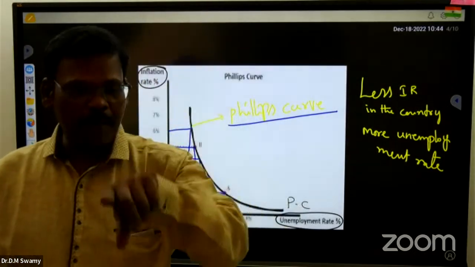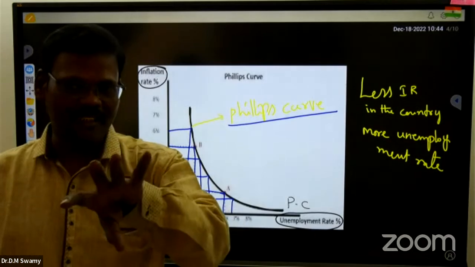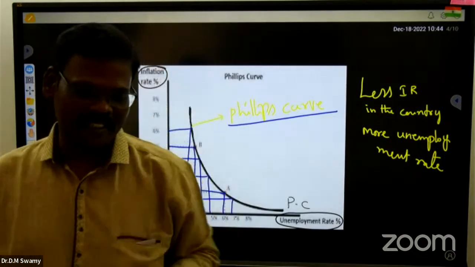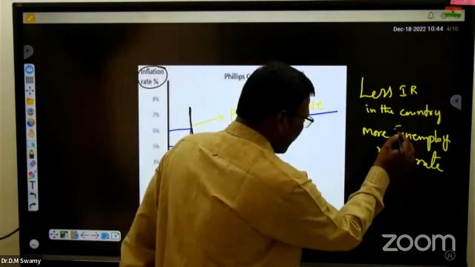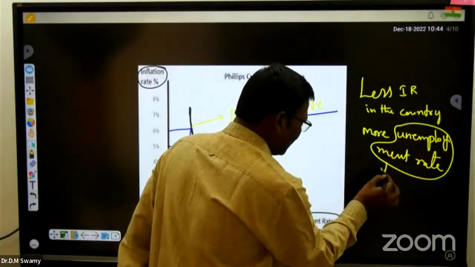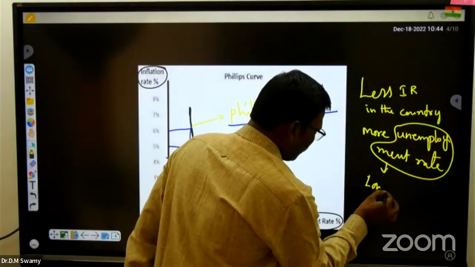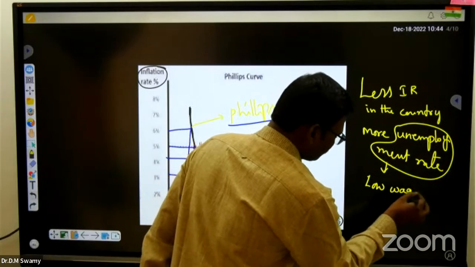More unemployment leads to a low wage rate.